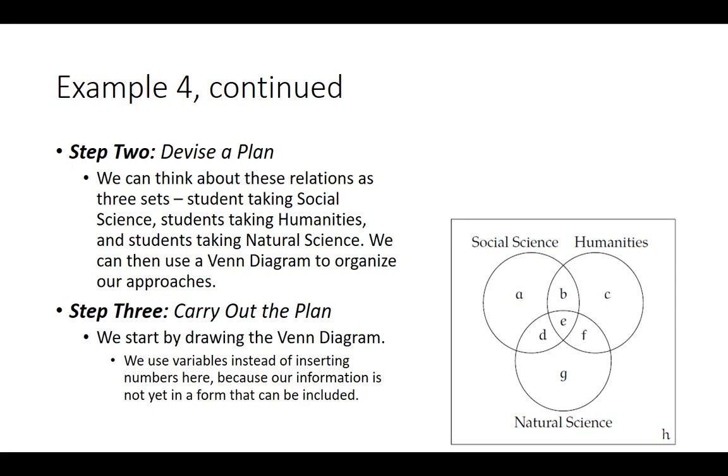So carrying out the plan, we draw this out. Our 3 circles overlapping, which gives us 7 distinct areas in the circles, 8 if you count outside of the circle.